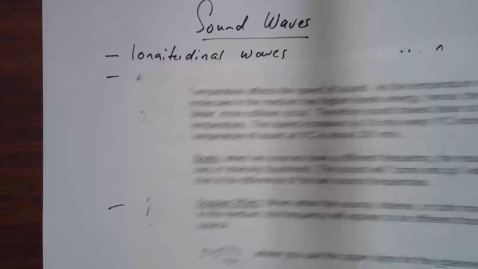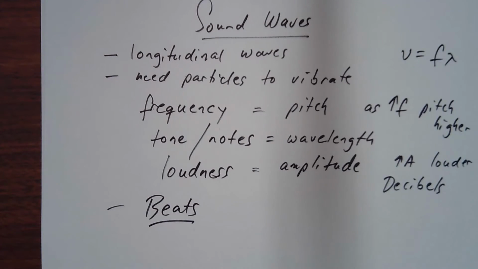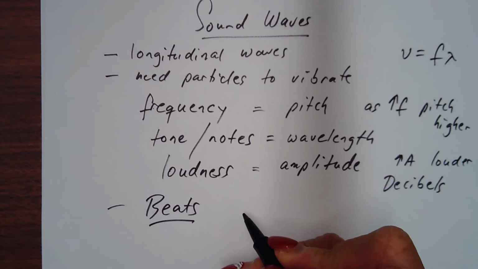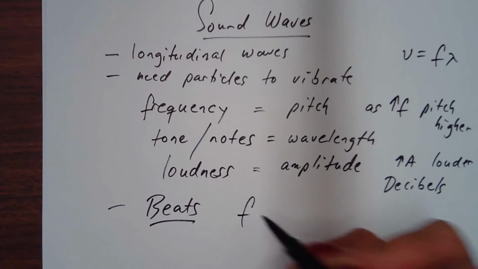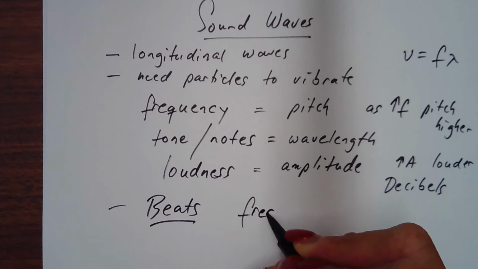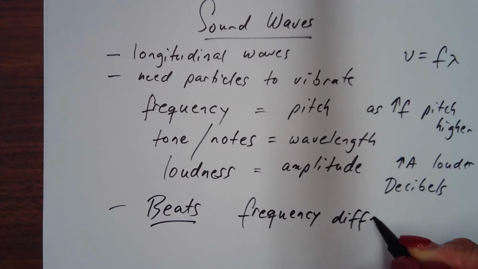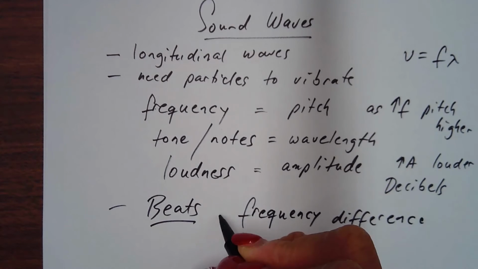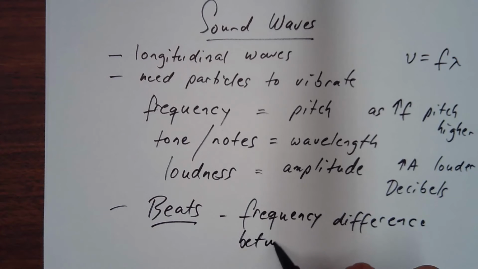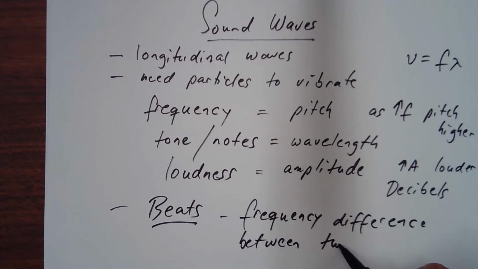So that is the beat. So when you have two different frequencies that you're hearing, you're going to subtract the two. So let's say frequency difference between two sound sources.